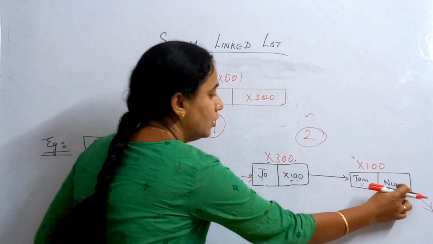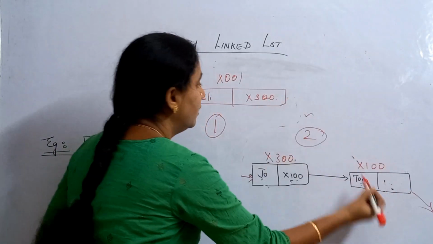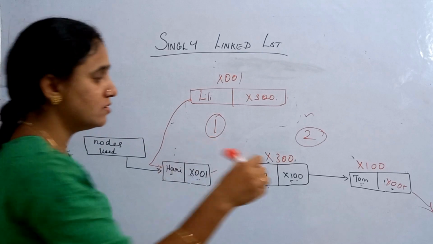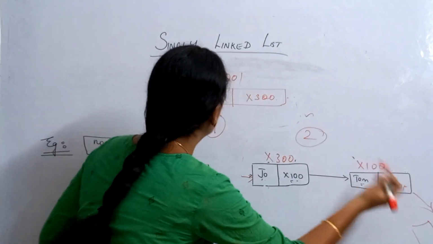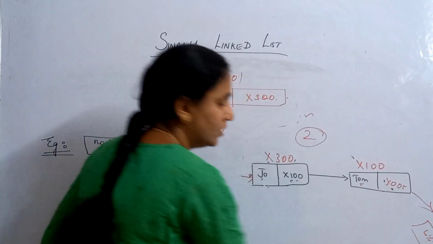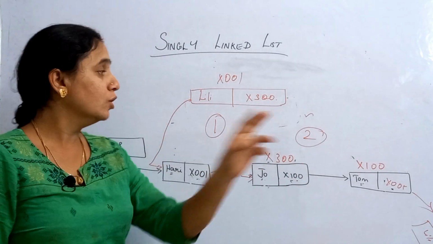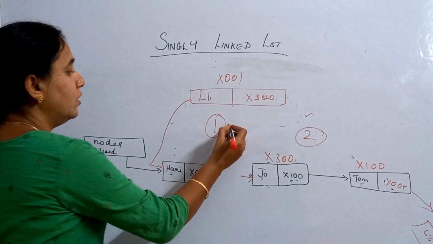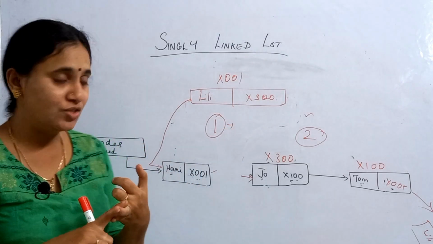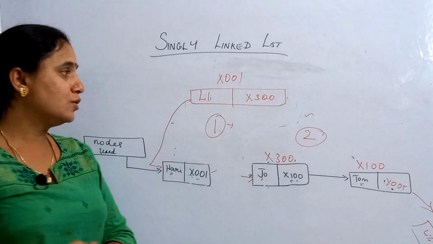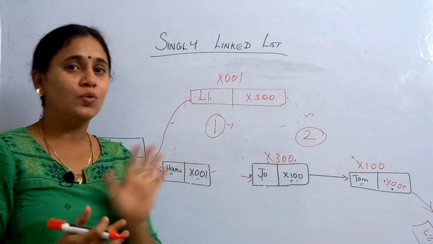For example, any other value, x005, it will be given as the memory address. So in that memory address, I will store this Lily. Can you understand? Like this only you must arrange. So please make a note: 2, 1. This 1 is for front and last insertion and 2 is for middle insertion. I think now it is very easy to understand.